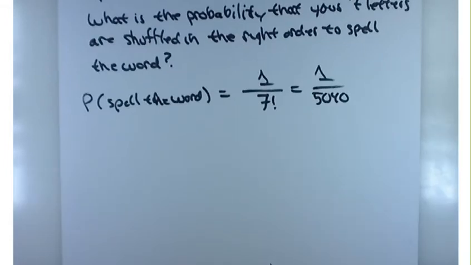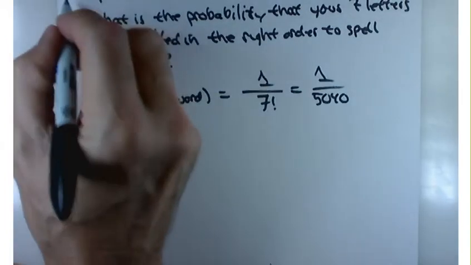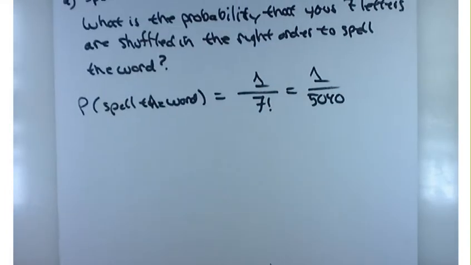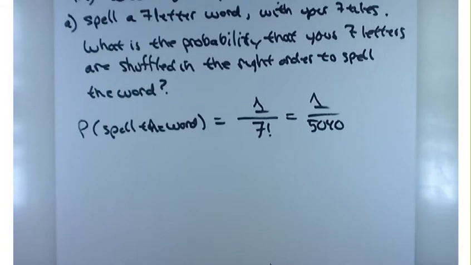Are we good with that first example here? Call it A. Let's take a question. Sure. So the question I'm getting on the Zoom is, what if there's more than one word you could spell with the 7 letters?